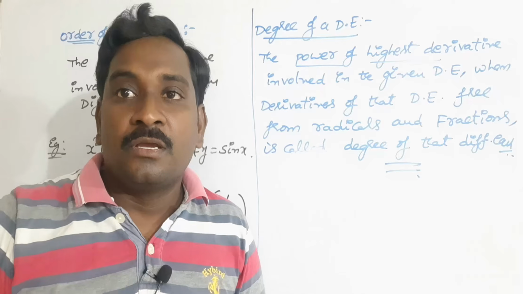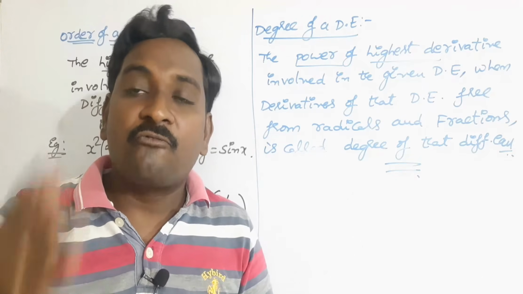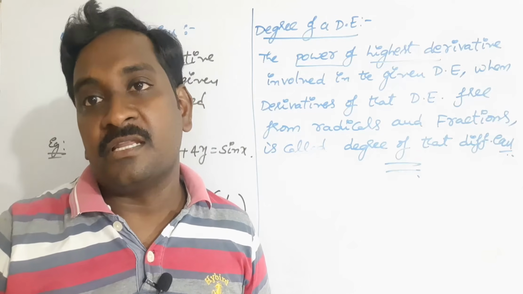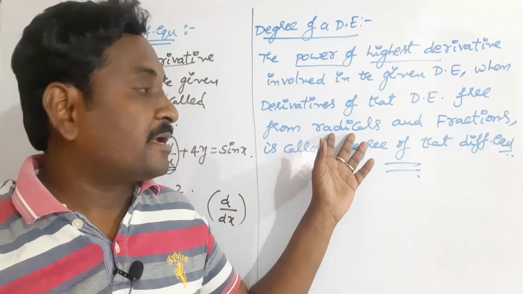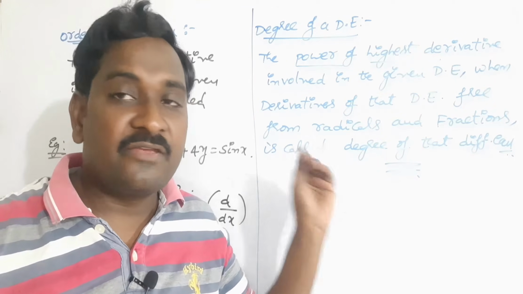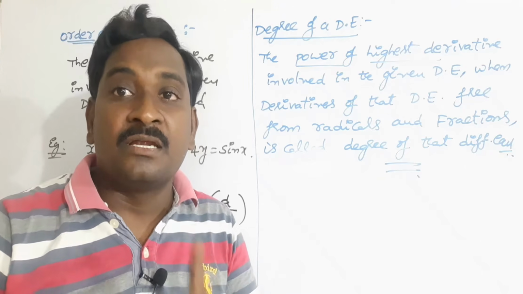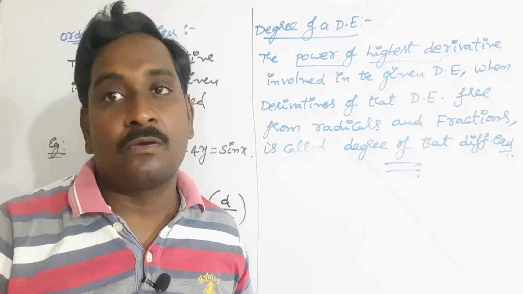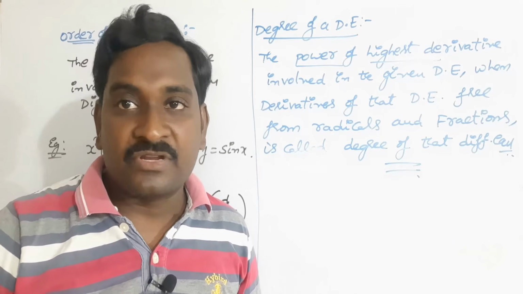Okay, suppose the given differential equation contains d square y by dx square whole power 4 by 5, then we can't decide the degree. You should be free from radical powers of the derivatives. Don't forget it, which is very important. Also, the derivatives in the given differential equation should not lie in the denominator. Okay, in such cases also we can't decide the degree of the differential equation.